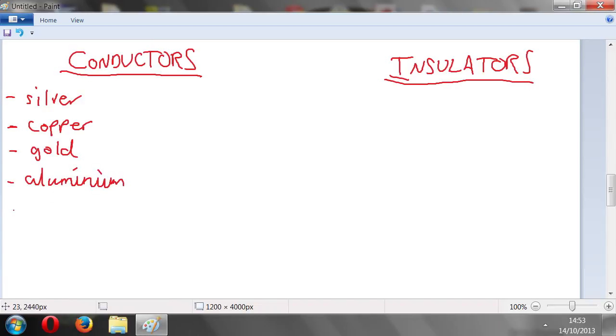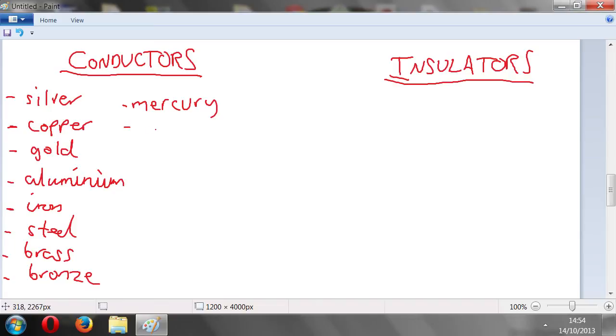Aluminium. And iron. Steel. Brass. Bronze. Mercury. Graphite. Carbon. Dirty water. And concrete. So there we go.